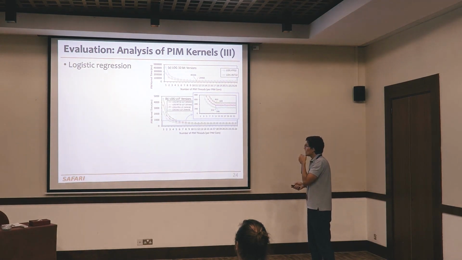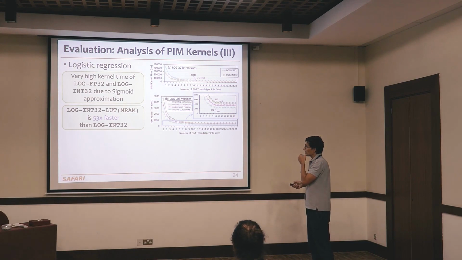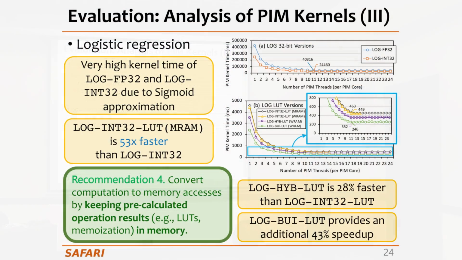For logistic regression, the first impactful performance improvement that we see is when we move to using lookup tables. It's about 53 times faster than the version that uses approximation. The recommendation is to use pre-calculated results in lookup tables to accelerate performance.